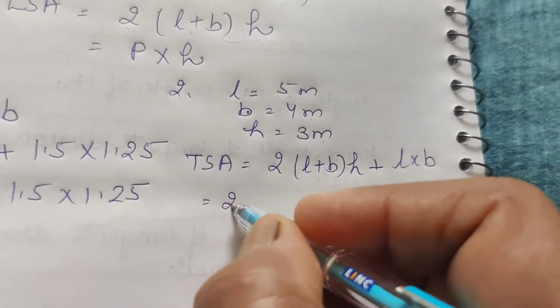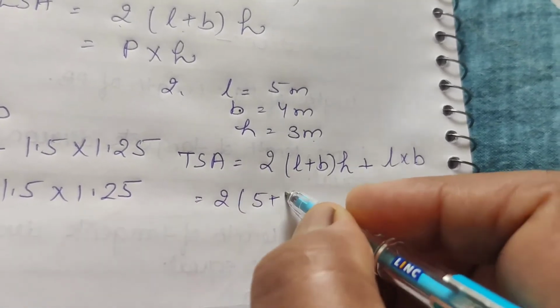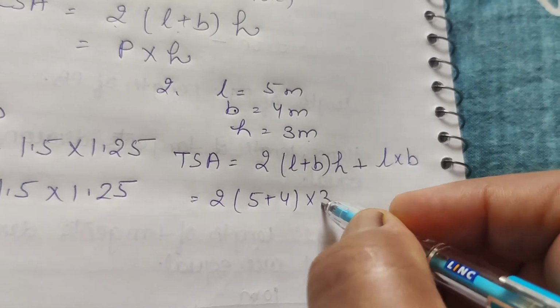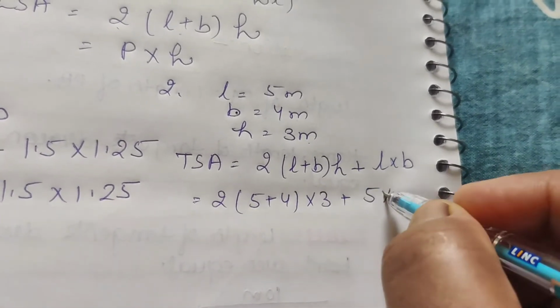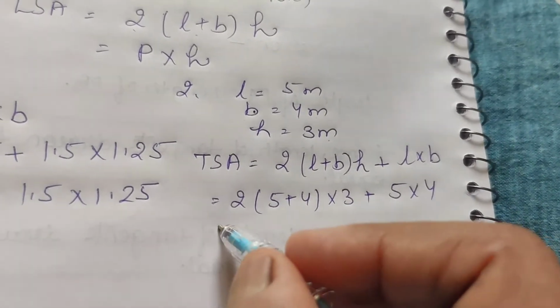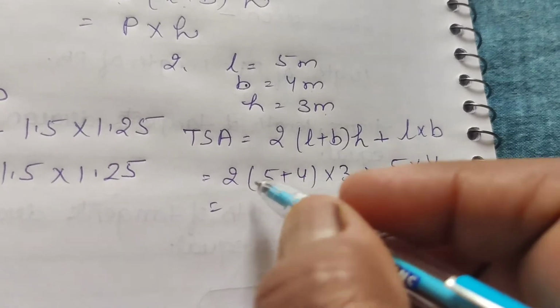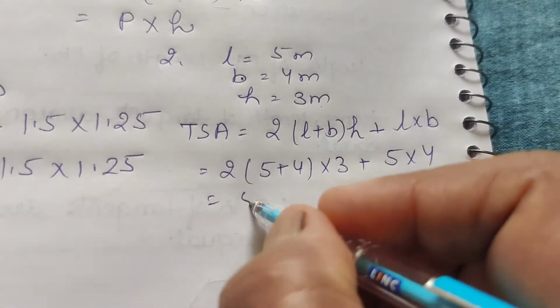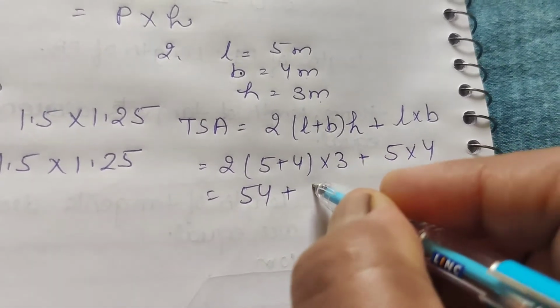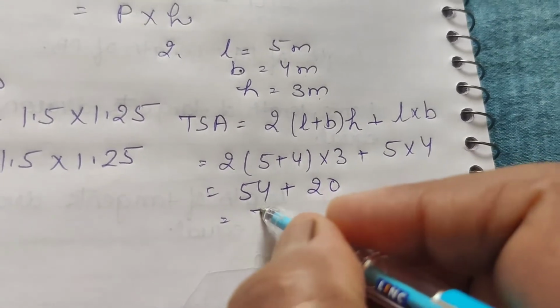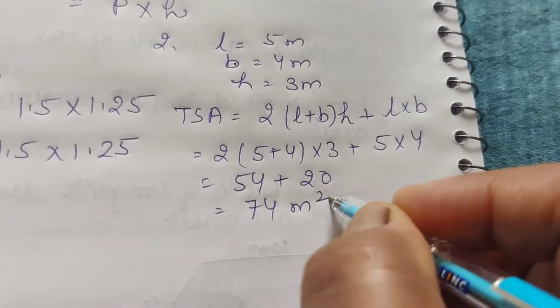Now put the values. 2 times (L plus B), 5 plus 4, into 3, plus 5 into 4. This is 5 plus 4, 9. 9 twos are 18, 18 threes are 54, plus 20, 74 meter square.